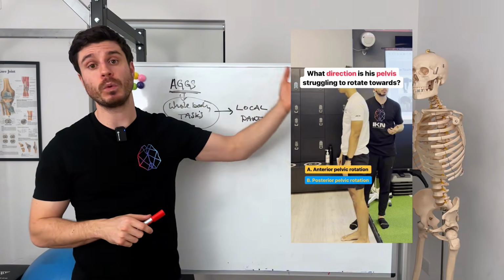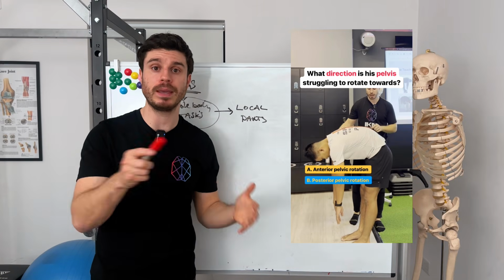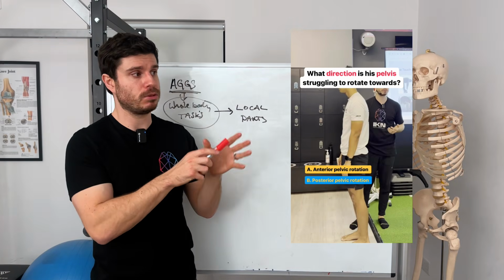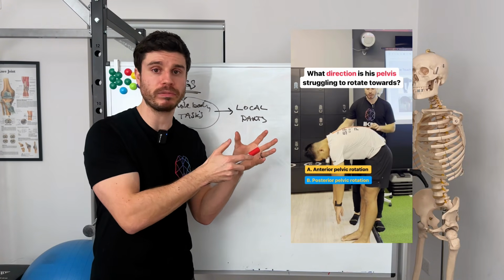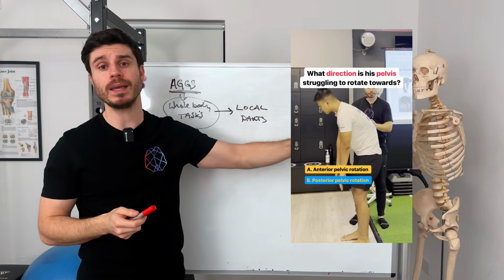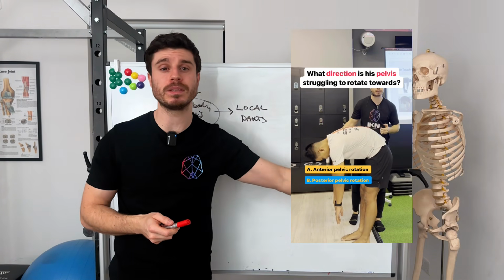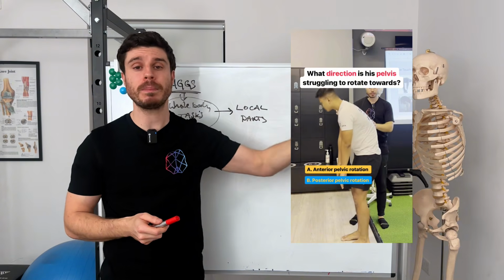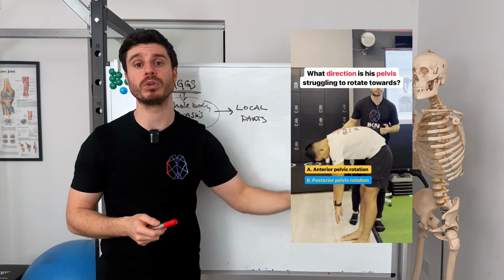Okay, now this forward bend involves multiple joints moving together. Again, two of the big motions here involve spinal flexion and hip flexion. So we're asking the question here in this post, we're kind of zoning in on the pelvis and asking, what does the pelvis have to do in order to allow this person to reach further towards the ground?